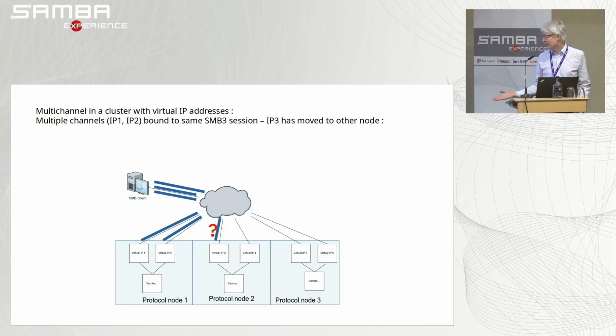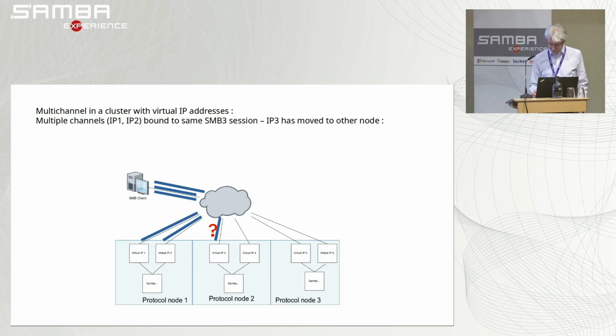And as a complication, of course, we are not using CTDB to manage the IP addresses. We manage the IP addresses on our own. There's a daemon shell framework that manages the IP addresses, so it has no idea of the Samba configuration and no idea of the active multichannel state. Therefore we said, let's better not do that.